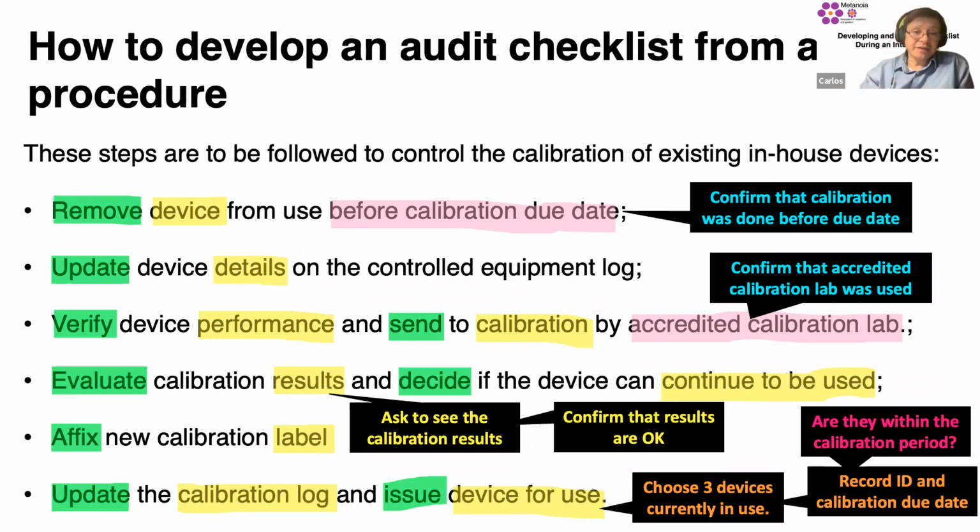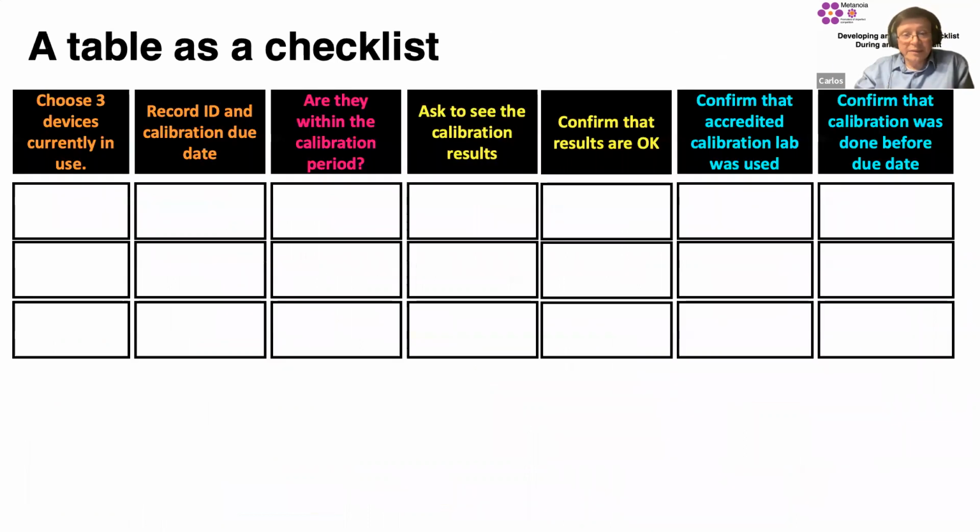So I can use these questions and put them in a table, something like this. And this way, I can convert questions into columns in a table, and the number of rows is the sample size. So during the audit, I will be reminded that, okay, don't forget to check 3 devices, and I can put information regarding each device there.